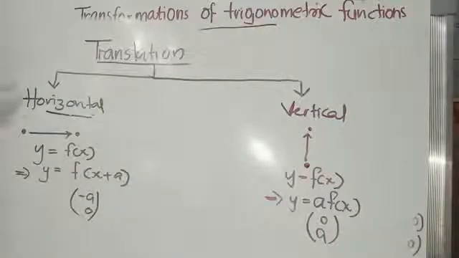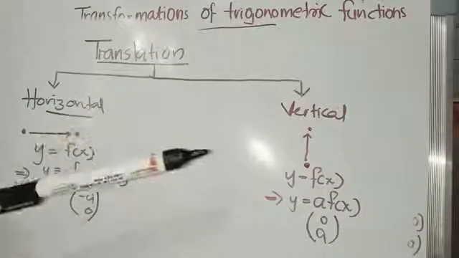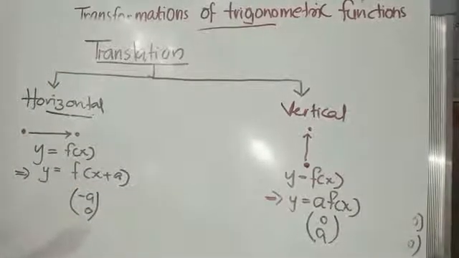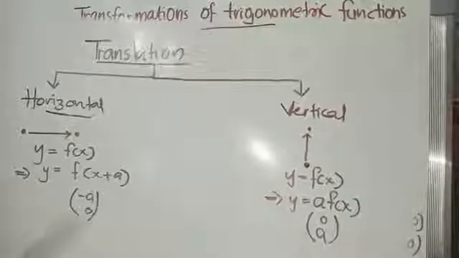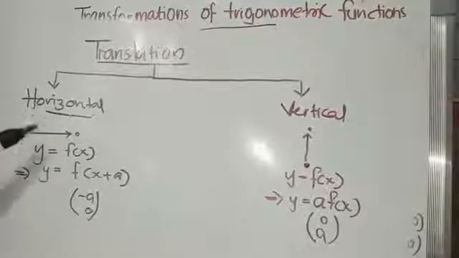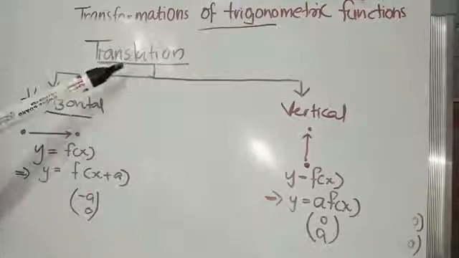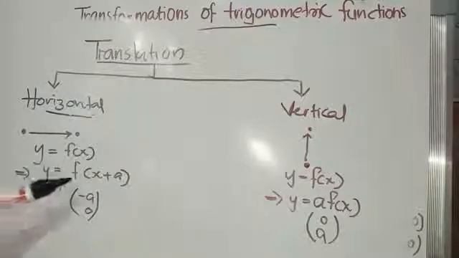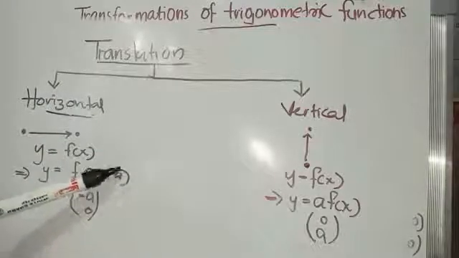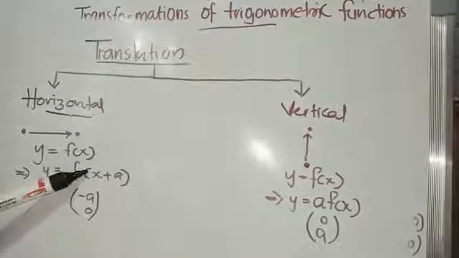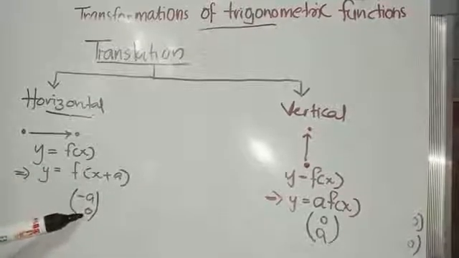Okay. In horizontal translation, a point is translated from one place to another place horizontally. Just do the translation. No change in shape or size. In horizontal translation, if a function y equals f of x is translated to y equals f of x plus a, then it has a translation vector (minus a, 0).